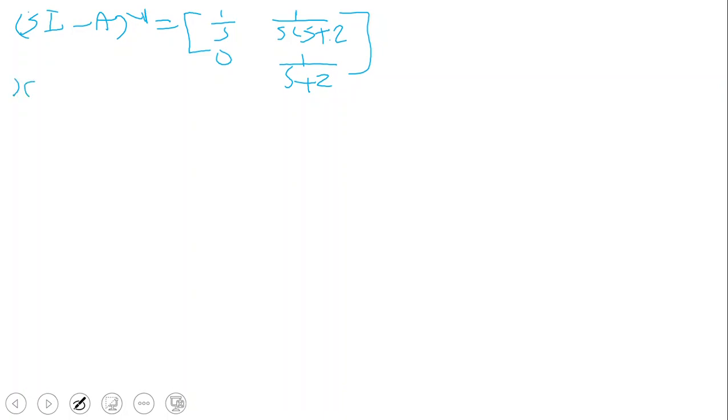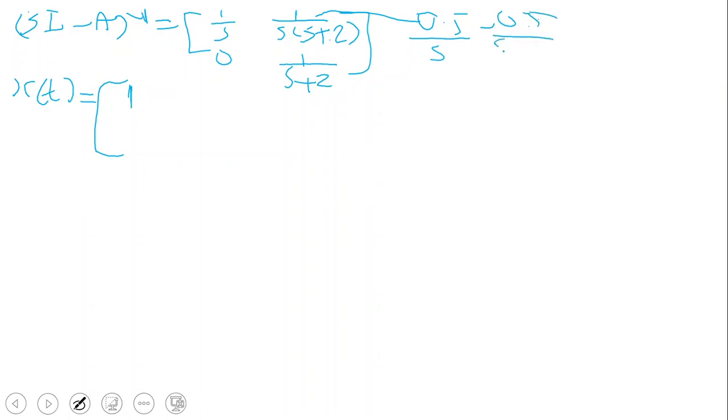Okay, so let us straight away substitute. So x of t is equal to L inverse of sI minus A inverse into x of 0. So 1 by s, if you take L inverse, it is 1. 1 by s into s plus 2. If you take partial fraction, this would be 0.5 by s minus 0.5 by s plus 2.